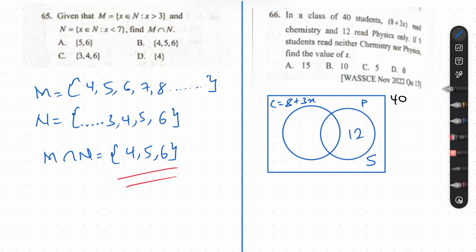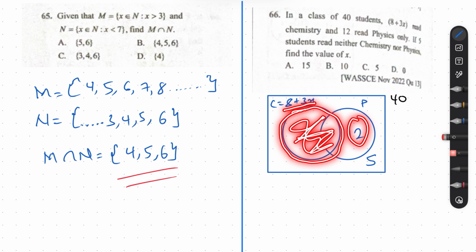Now the question is to find the value of x. What this means is if we add everything in this circle, we should get 40. We know that this circle alone is 8 plus 3x, so you don't need to worry about it again. Plus 12 plus 5 should give us 40.